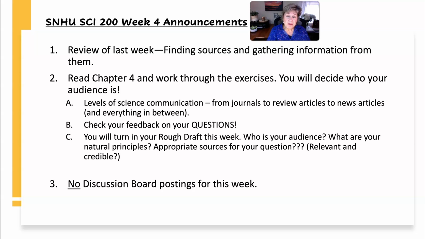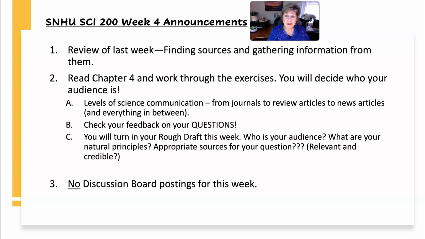This would be scholarly journals that you would submit your work to. So these are research articles. That's one level of communication. Right down below that, you have review articles. These are written by people who are experts in this particular topic, and they gather information from lots of different sources to help anyone understand what this is all about. So review articles are awesome.